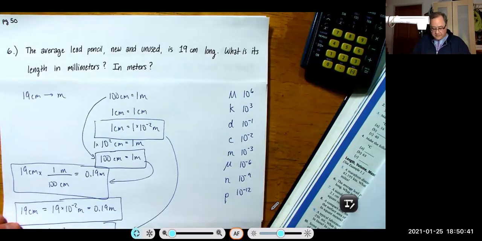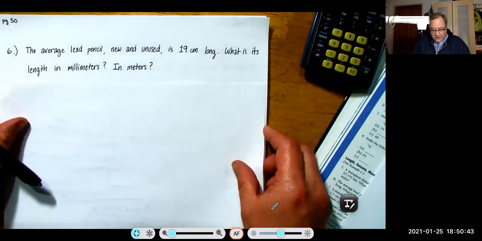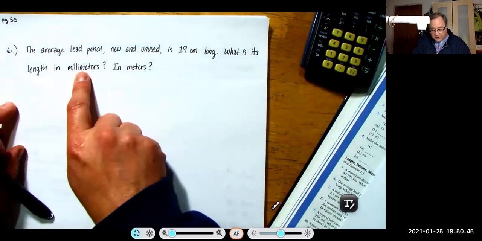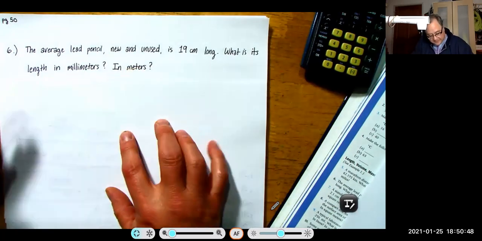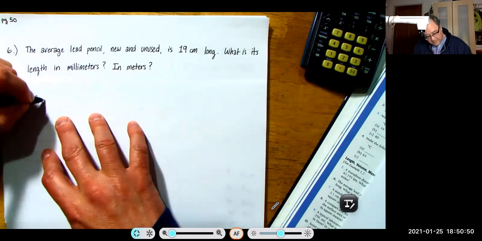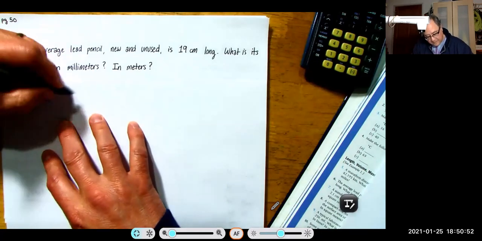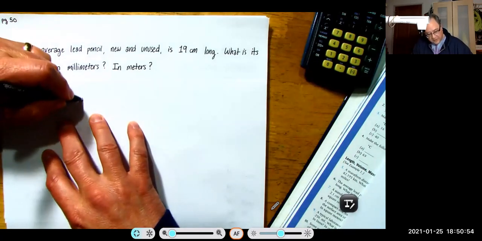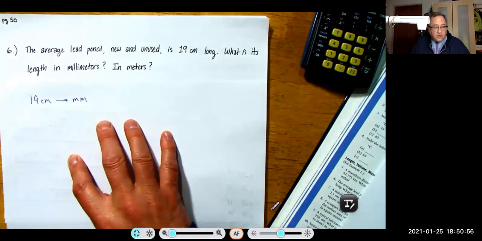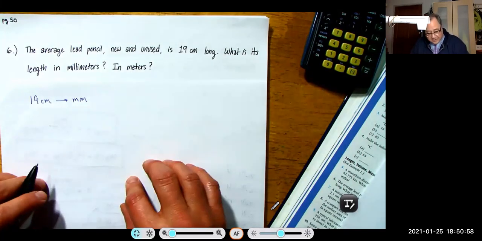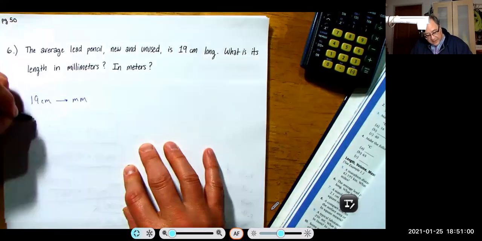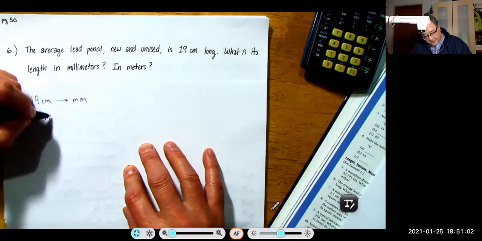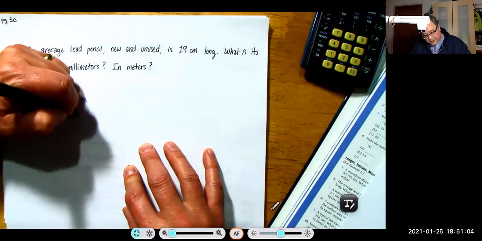All right. So I've shown you how to do this part, meters. Now let's do the millimeters. So let's say that you don't know the relationship between millimeters and centimeters, then this is what I would do. I would take centimeters, turn it into meters, and then meters into millimeters.